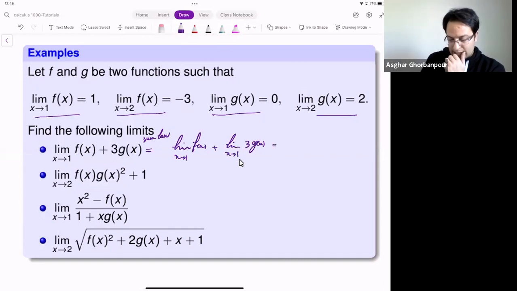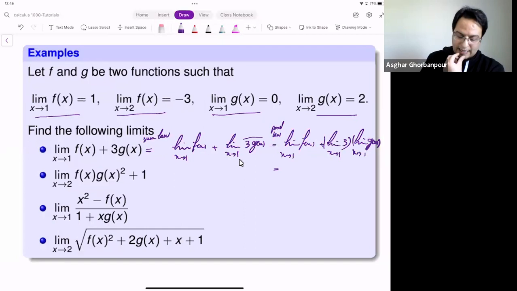And then for this one, I can apply the product law and write it as the limit of f as x approaches 1 plus the constant times the limit of g as x goes to 1.